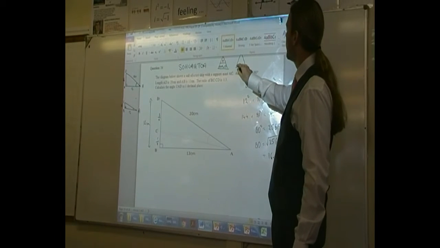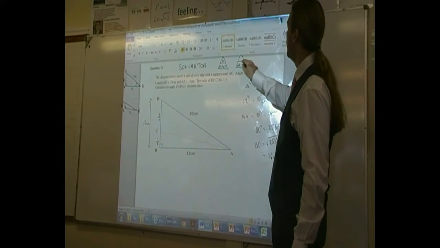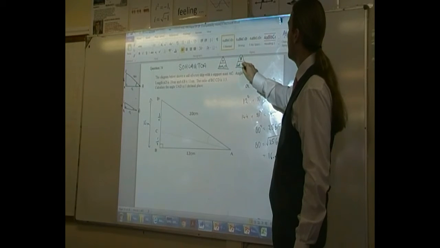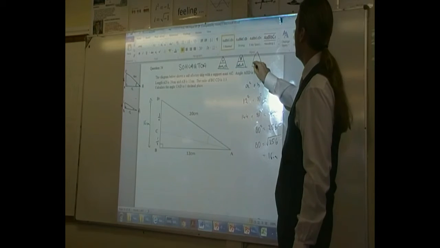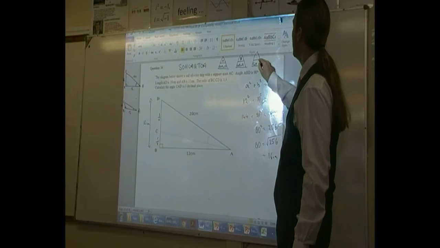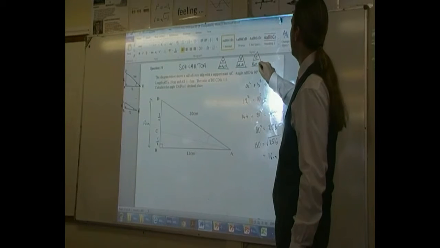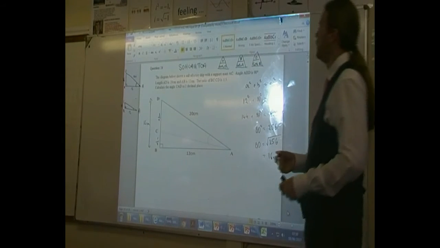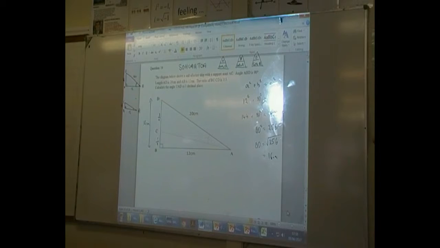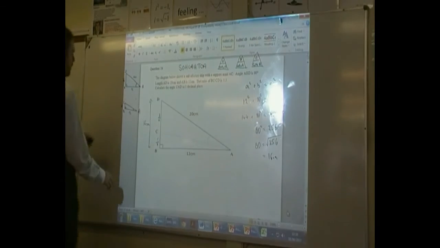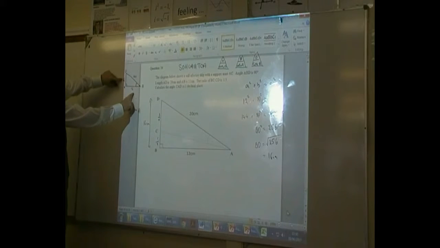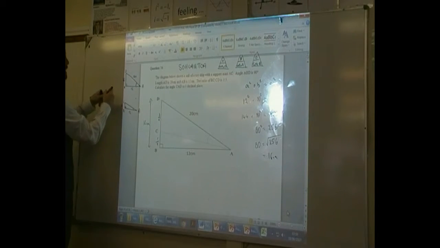Same presentation, the cosine of the angle equals the adjacent over the hypotenuse, and the tangent of the angle equals the opposite over the adjacent. So with those three triangles, I need to work out which one I'm using. I'll use the same one for both because I've got the same pair of sides for both, so I'm effectively going to ignore that 20 now.